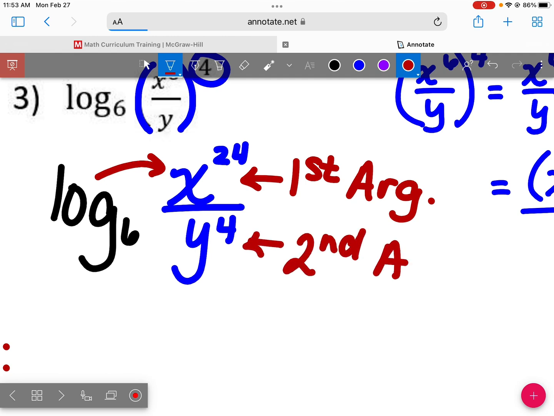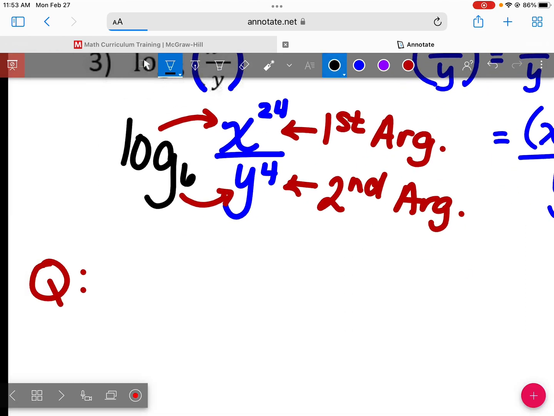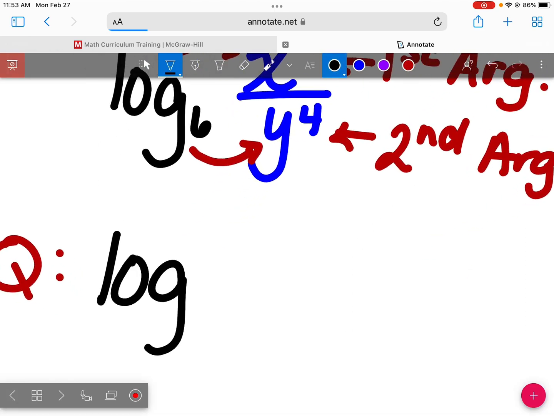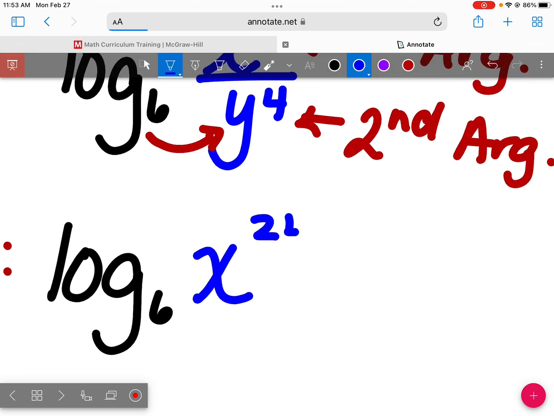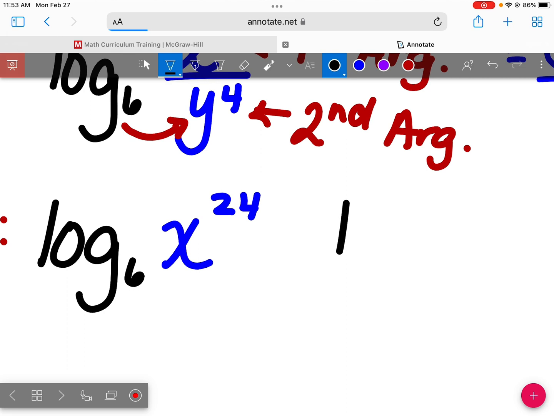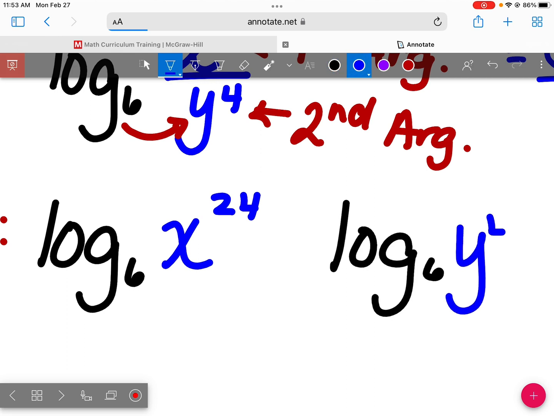This is my second argument. It's going to be log base 6 of the bottom. So log base 6 of x to the 24, log base 6 of y to the 4th. What would I put in between them? Minus, subtraction. I remember this because a fraction bar kind of reminds me of a subtraction symbol.